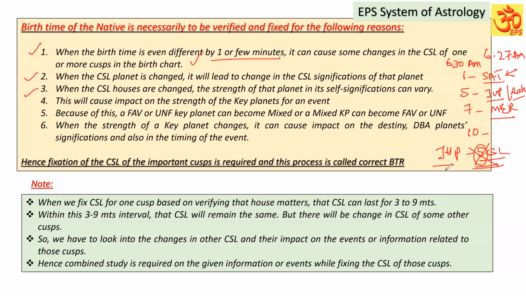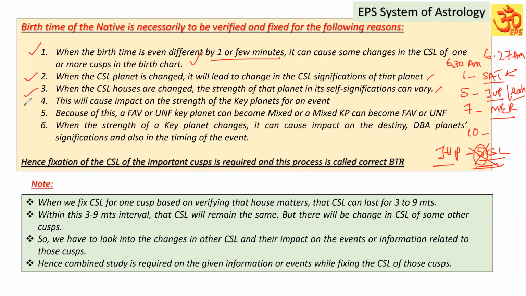So what will happen? Jupiter's significations for the particular event, say for example, we are talking about progeny prospects, instead of fifth cuspal sublord, it is getting the fourth sublord or other unfavorable cuspal sublord. That planet's self strength will vary.